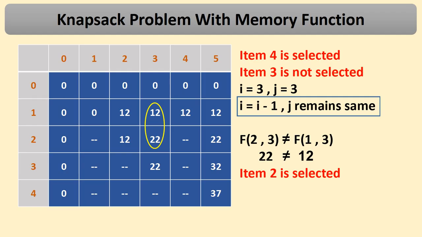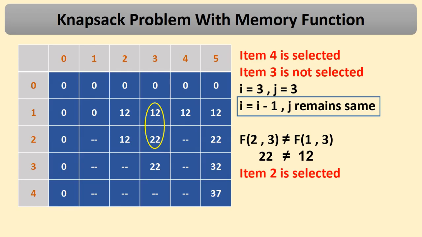So what is the formula for selecting an item? f of i comma j not equal to f of i minus 1 comma j. When I apply this formula, what value will I get? f of 2 comma 3 not equal to f of 1 comma 3. Now look at the table. f of 2 comma 3 has 22. f of 1 comma 3 has 12.